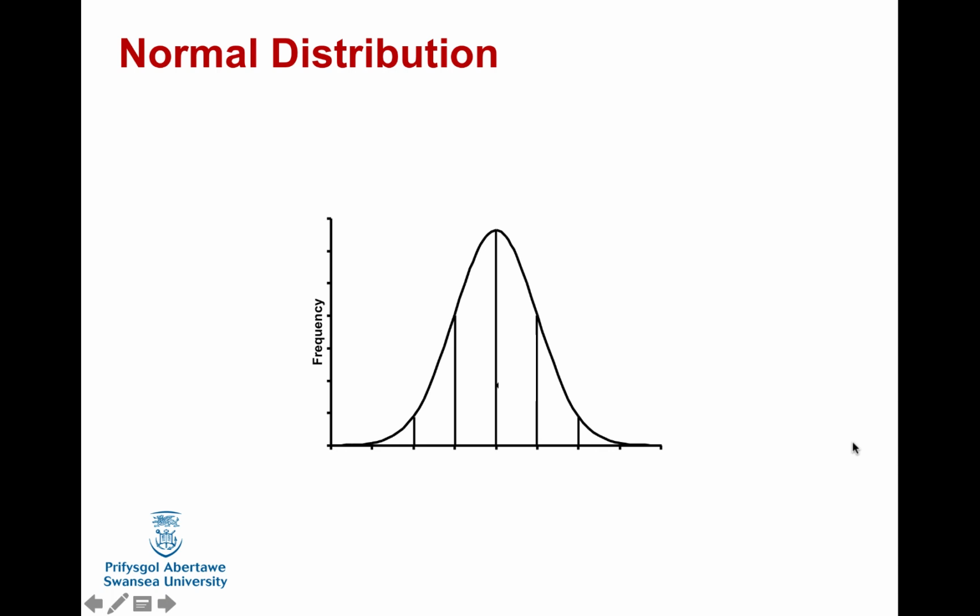Now, in a normal distribution, what we're going to find is that our most common measures of central tendency, which are obviously the mean, which is just the average. Yes, you take all the scores in your sample or your population and you divide by the number of values that you have, and that gives you your mean. You have your median. So if we arrange all of our scores in order, then the middle value will be the median. And then we have the mode, the most common value that we measure in our population.